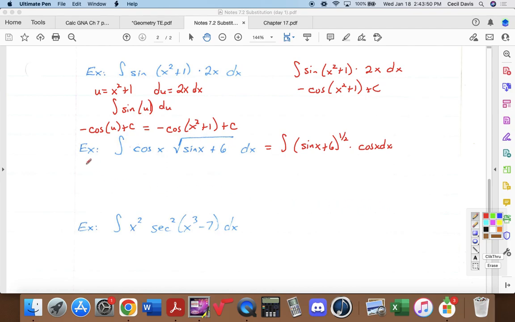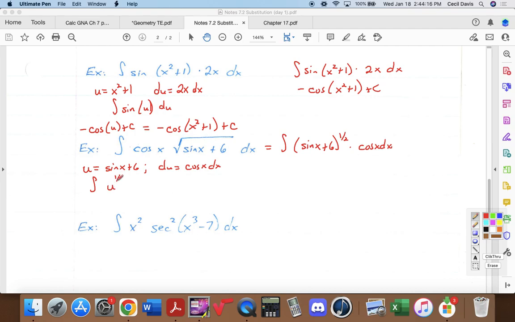You can do that as a u substitution problem. This would be u is equal to sine of x plus 6. So du would be cosine of x dx. So my integral now, the sine of x plus 6, I replace with u.